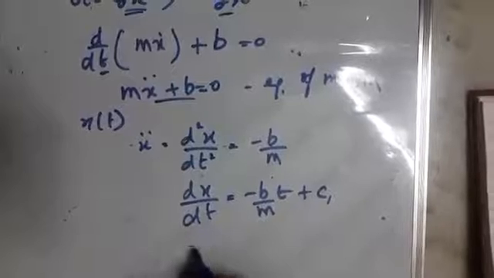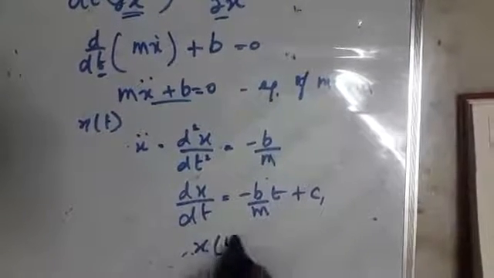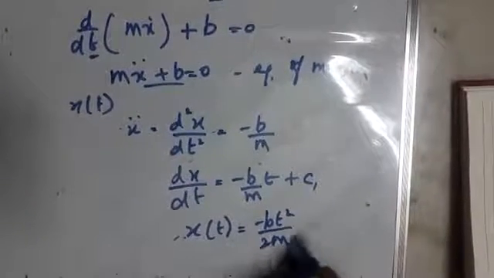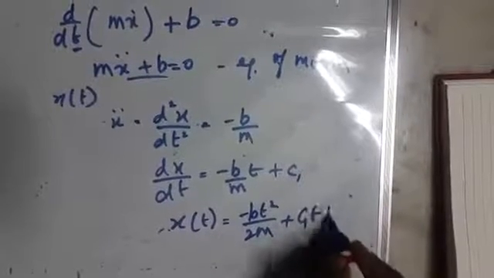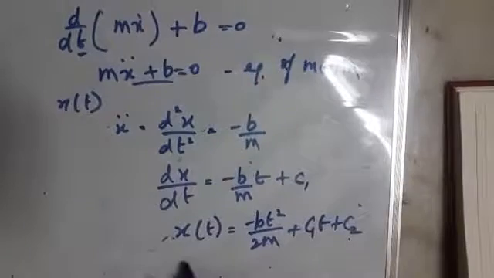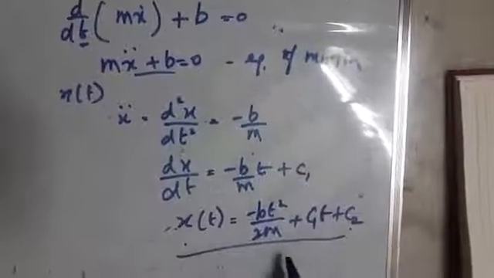Again integrating, we get x of t equal to minus b t square by 2m plus c1 t plus c2, again a second integration constant. So this is the x of t for this given Lagrangian.